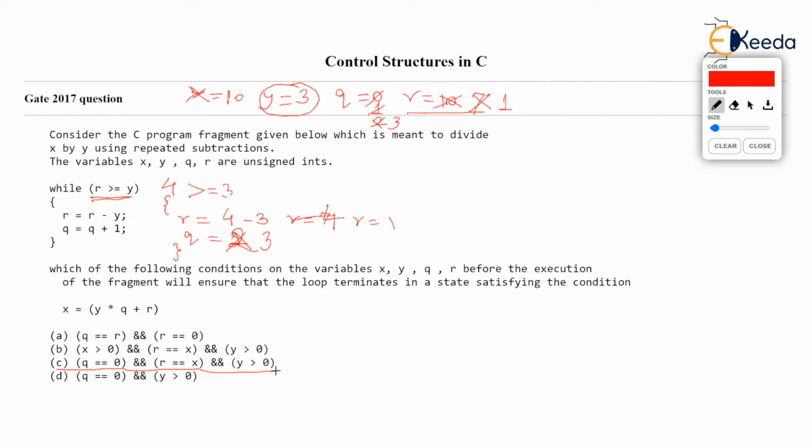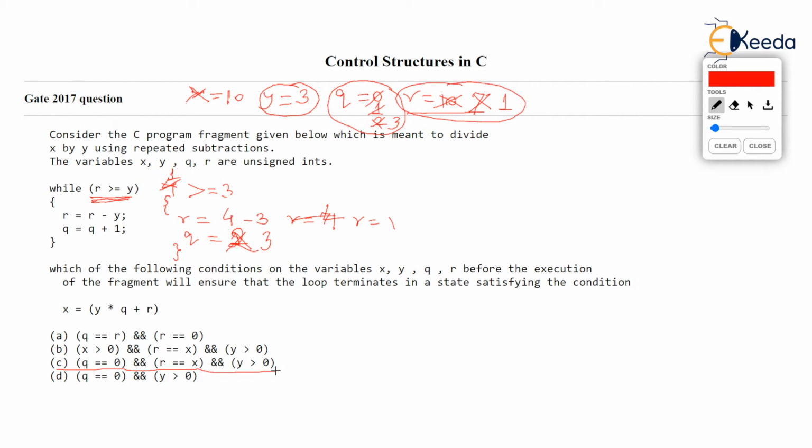Now the loop repeats and it checks is r greater than or equal to y. But hello, r has become 1. And 1 greater than or equal to 3 is false. So the loop breaks. Okay, so the loop has stopped. Don't come to any conclusion. When the loop stops, we have got q equal to 3 and r equal to 1.